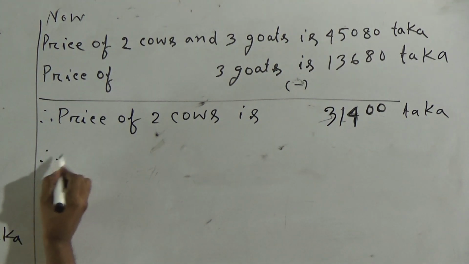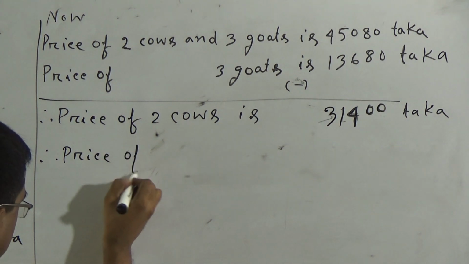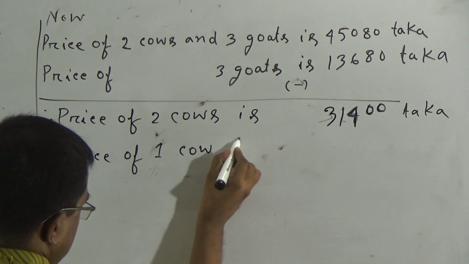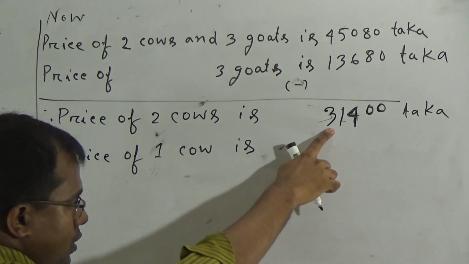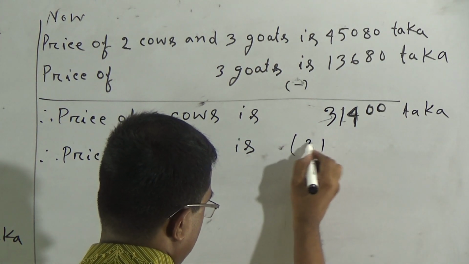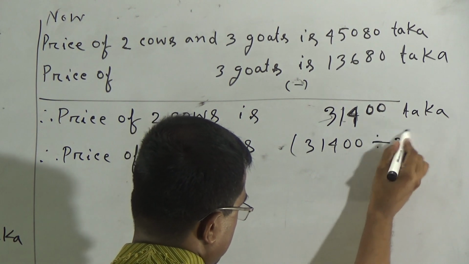Therefore, the price of 1 cow is, if we divide this by 2, then we can get 31,400 divided by 2 taka.